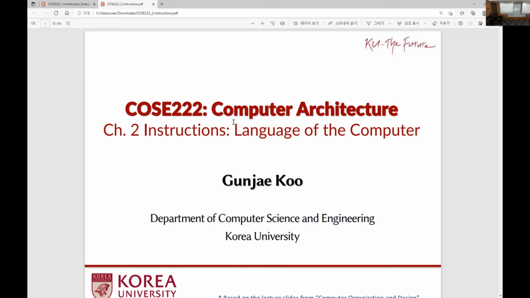So actually, as I mentioned in the first class, chapter 2 of this course will cover instruction set architecture. The title of chapter 2 is Instructions: Language of the Computer. When we mention the language of a computer, we might think of C or Python, the programming languages.